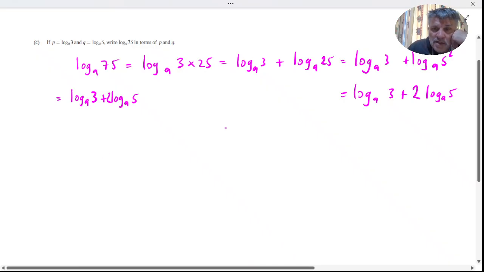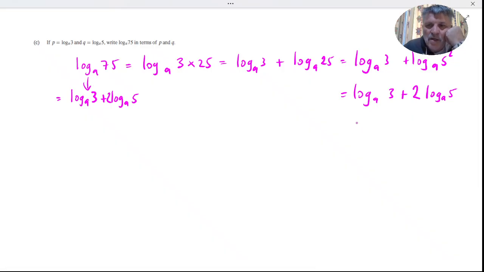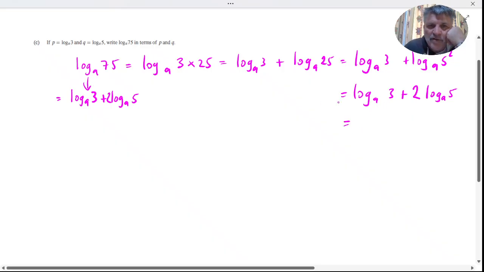So you might be able to go directly from here to here. You might need some, but not all of these lines of working. Log A of 3, that's P, and log A of 5 is Q, so 2Q.